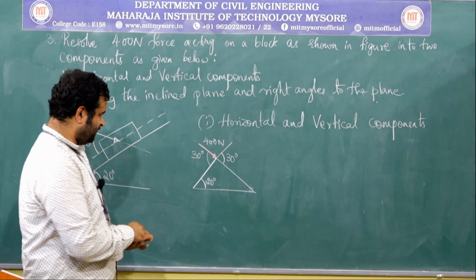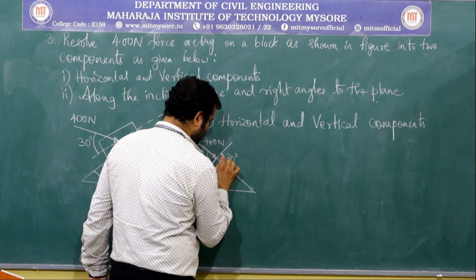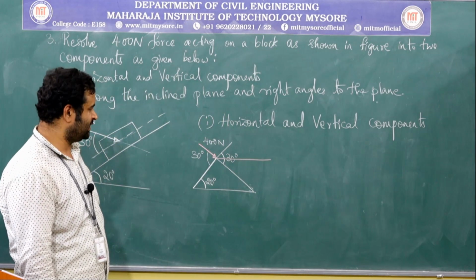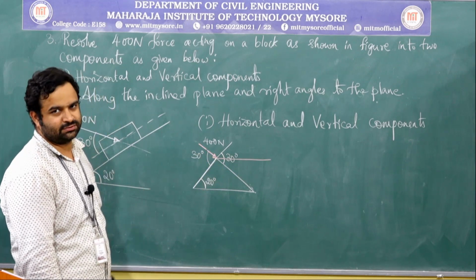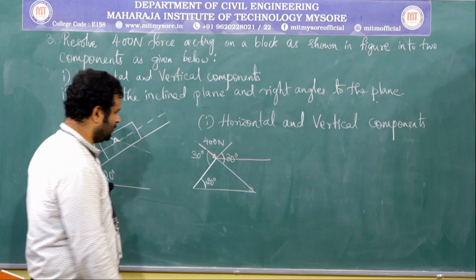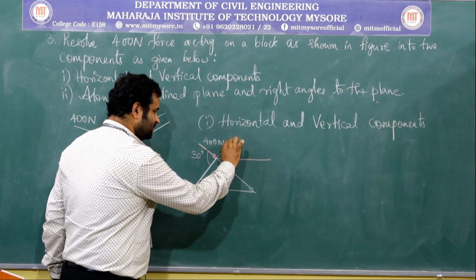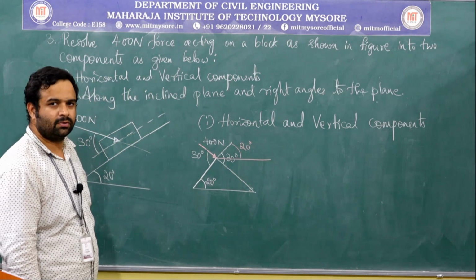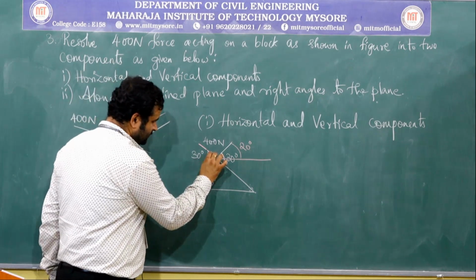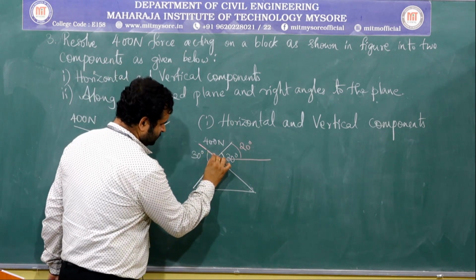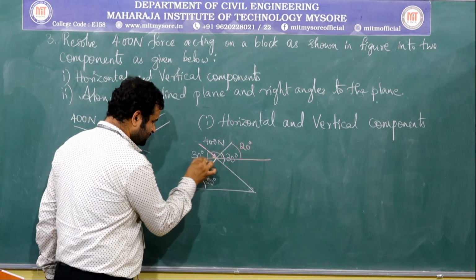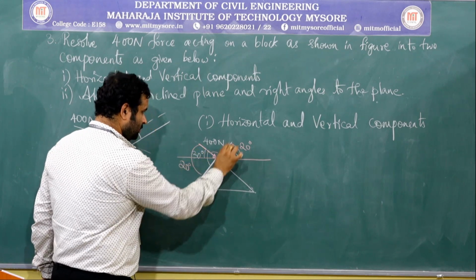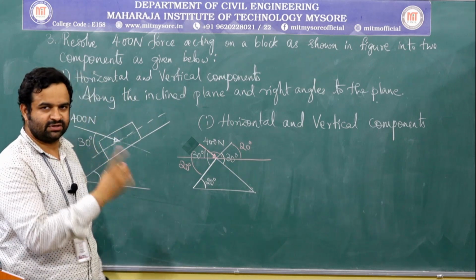Now, if I just draw a horizontal line here, what is the angle with respect to this 400 Newton force? That is the question. So, now if you observe, this is 20, this will also be equal to 20, but I need to calculate it with respect to this force. So if I continue this line, if this is 20, this is also 20. This is 20, this is 20, opposite angles are equal.